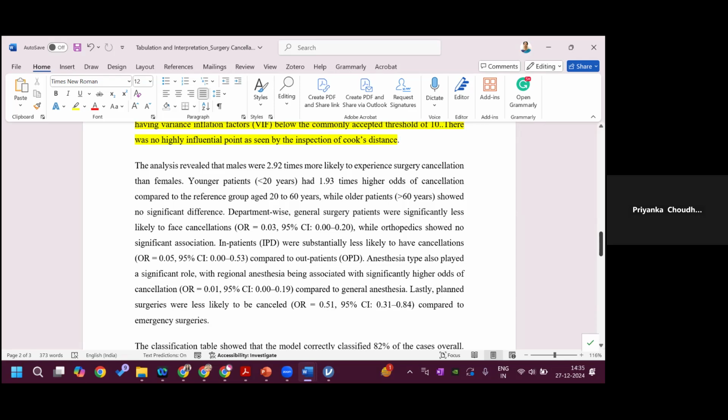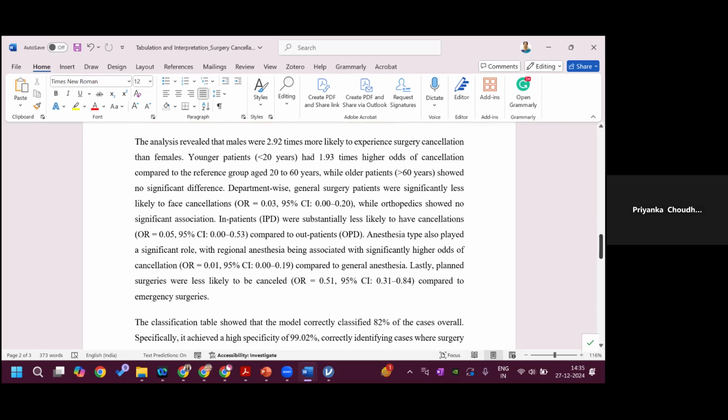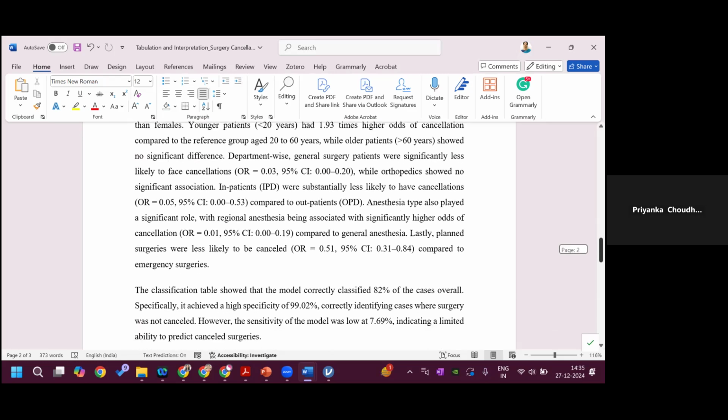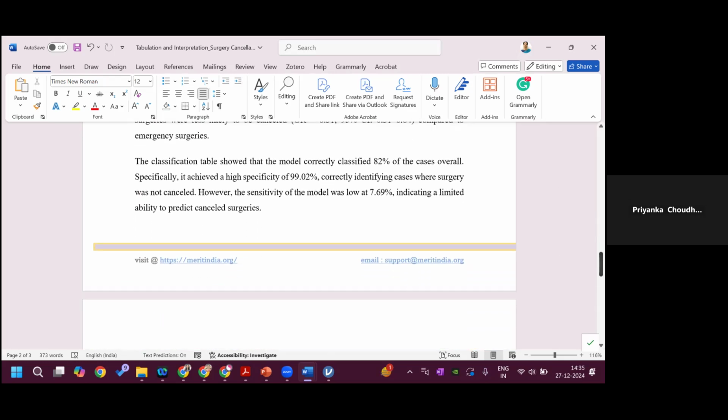The OR was 0.01 compared to general anesthesia. Lastly, planned surgeries were less likely to be cancelled with an OR of 0.51 compared to emergency surgeries. The classification table showed that the model correctly classified 82% of cases overall. Specifically, it achieved a high specificity of 99.02 percent.